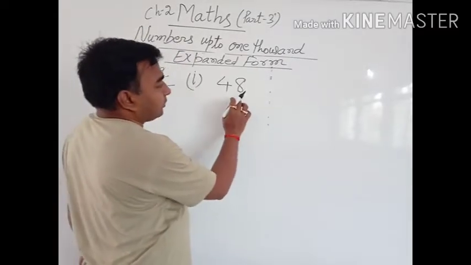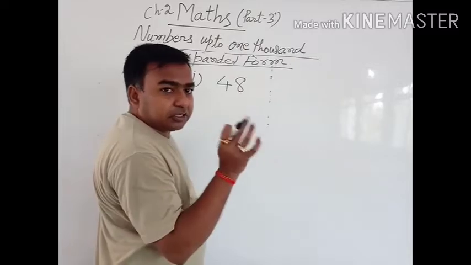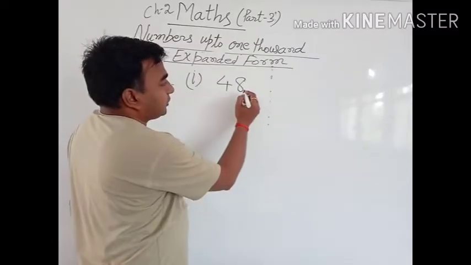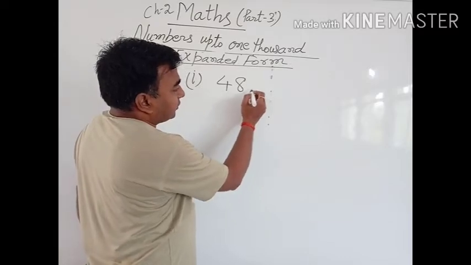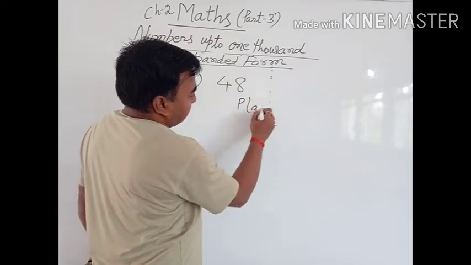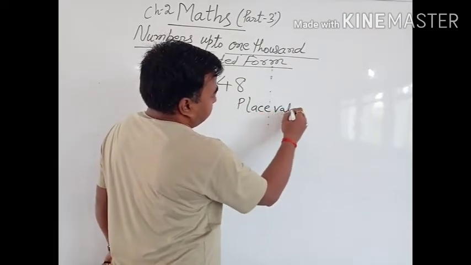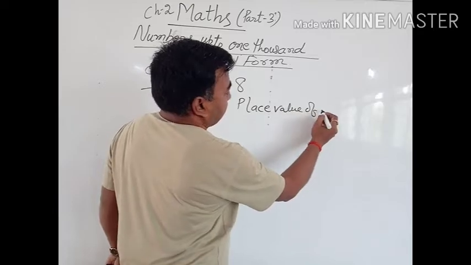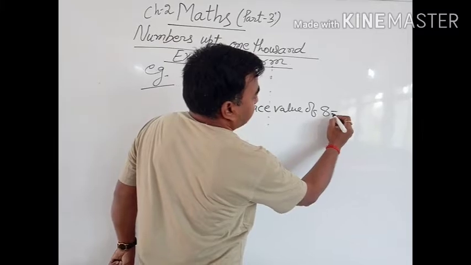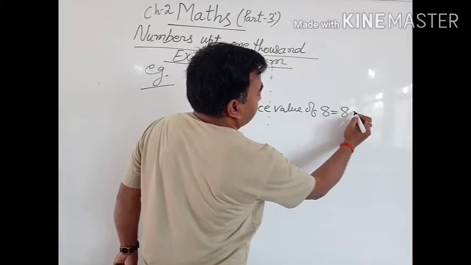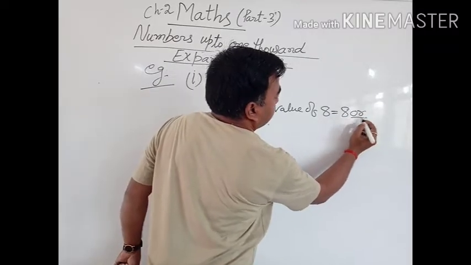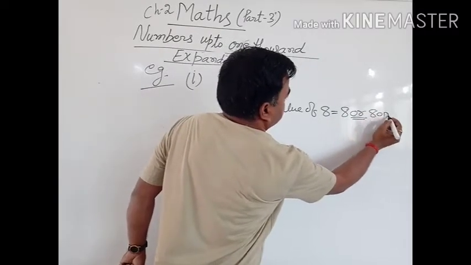Now first we will write the place value of this 48. Okay, how will we write? We can write place value of 8 equal to 8, or 8 ones.